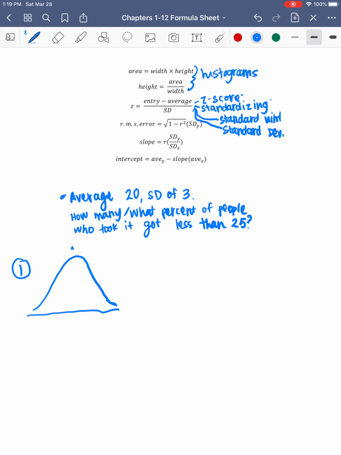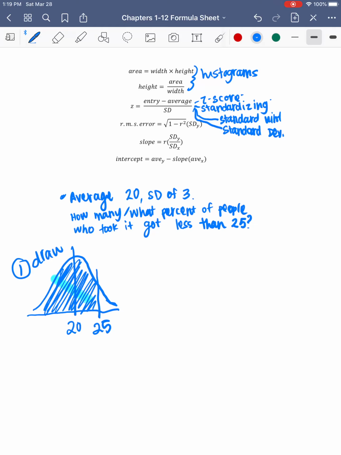So what we have here is the average is 20 with a standard deviation of 3. I'm looking at 25. And I want to know the percent of people less than that. So I'm going to shade in this area underneath 25 because it is less than. I don't know why it just did that. Let's try this again. Well, I'm not going to use that shade tool. Sorry, that's a mess.